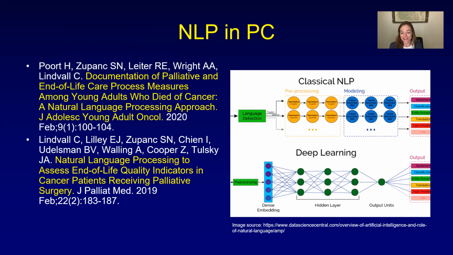You can see the link down there, but classical NLP does this tokenization approach and learns on a clinical data set, does some modeling, and then you get an output that is fairly interpretable.